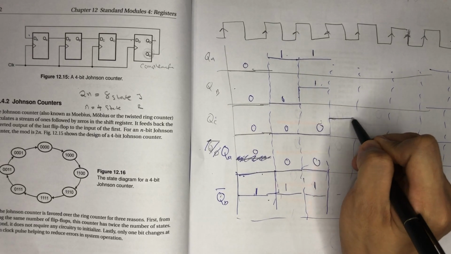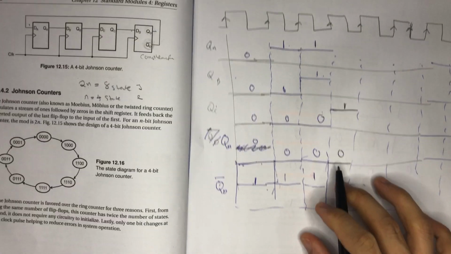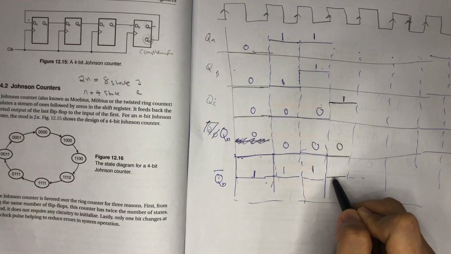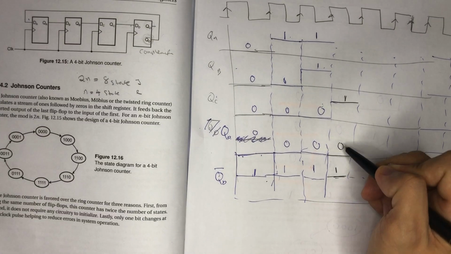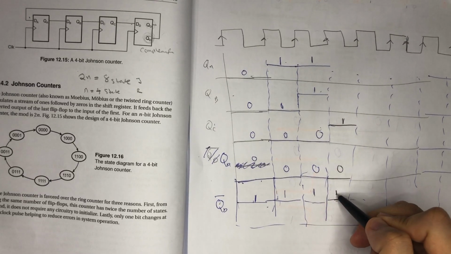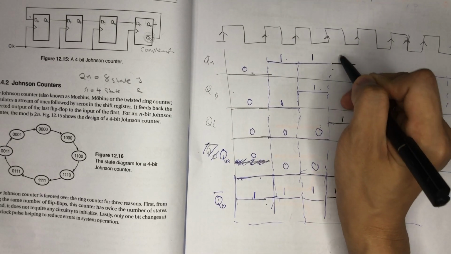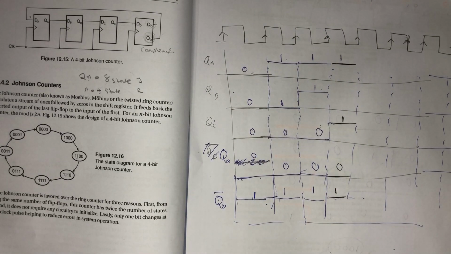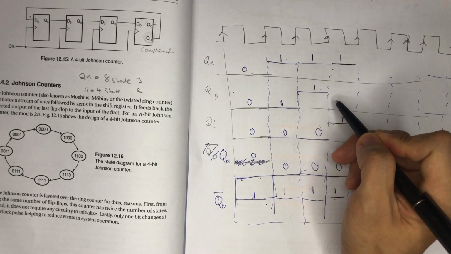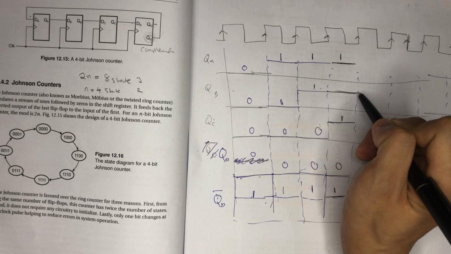So that's why the next it will be 1, and this one is still 0, and QD bar as usual still 1, because this is 0, inverted is 1. Though your QA is still 1 here.